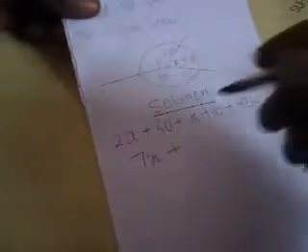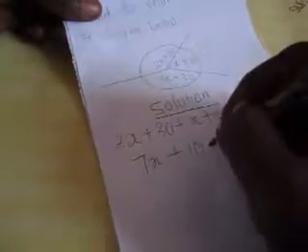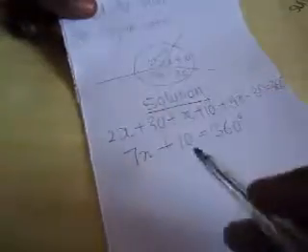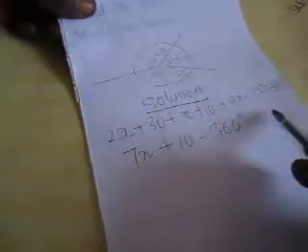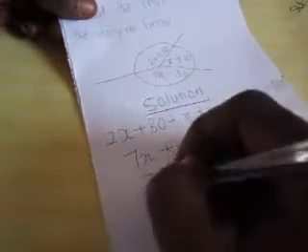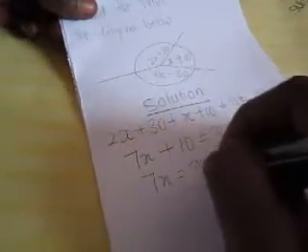So 7x plus 10 is equal to 360 degrees. We want x, so what we do is we send 10 to the other side of the equation, so we'll have 7x equal to 360 minus 10, so we'll have 7x equal to 350.